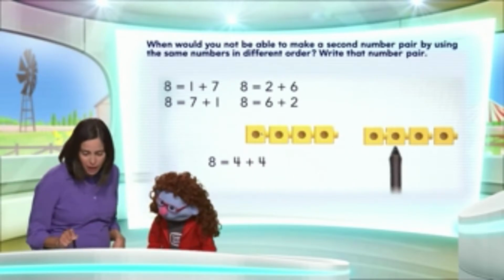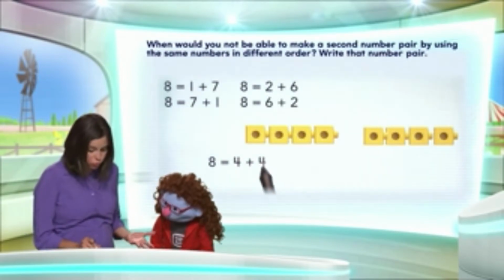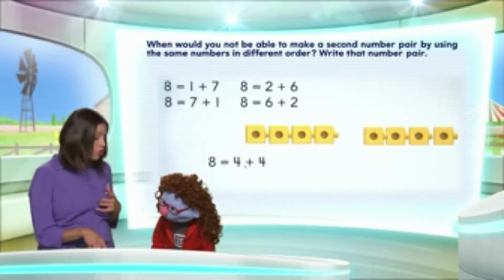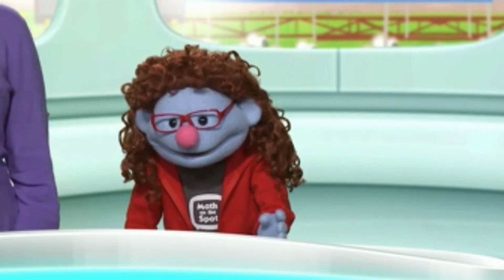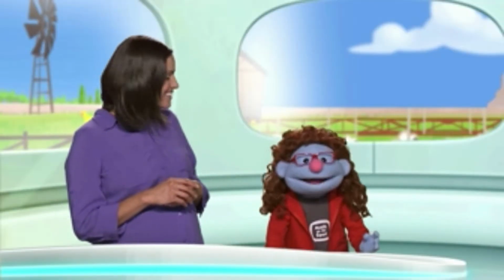When the 2 numbers in the number pair are the same, so in my example it was 4 and 4, there is only 1 number pair with those numbers. I understand. So if I had 3 plus 3, no matter which 3 came first, I would still get 6? You got it, Jeannie. It would still equal 6.